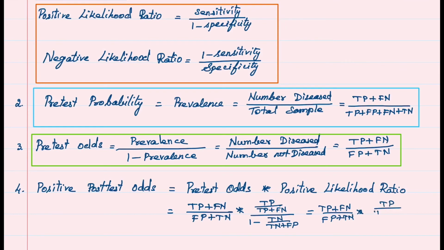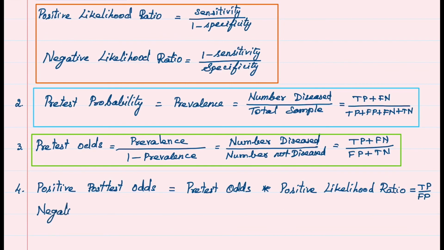TP divided by TP plus FN divided by LCM here is TN plus FP. We get TN plus FP minus TN. These two are getting cancelled and these two are getting cancelled. It becomes TP upon FP. So the formula becomes so simple after simplification. So we will write this formula as true positive divided by false positive.